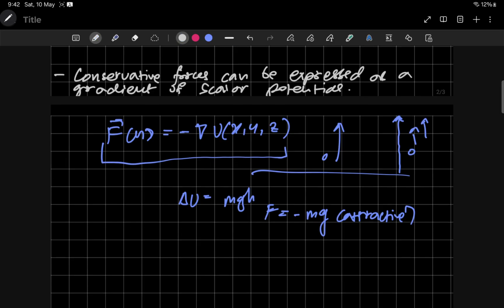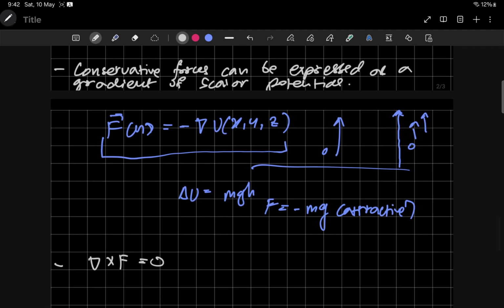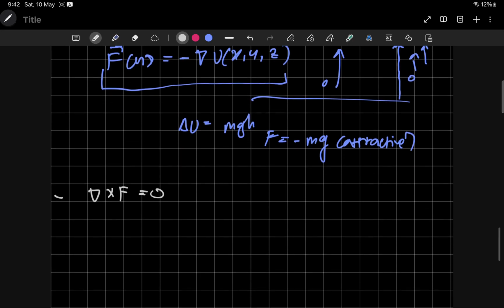And you can easily prove this statement: curl of a conservative force is always 0. So this is a direct consequence of Stokes' theorem.